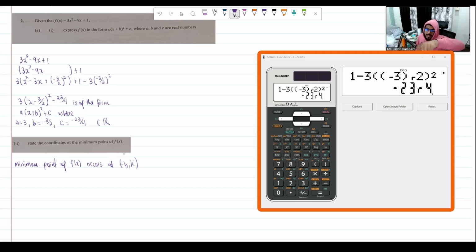We have instead b and c. So instead of minus h, it will be minus b, comma, c, which is equal to, if b is negative 3 over 2, minus b is going to be 3 over 2, and the c is minus 23 over 4. And we're good to go.